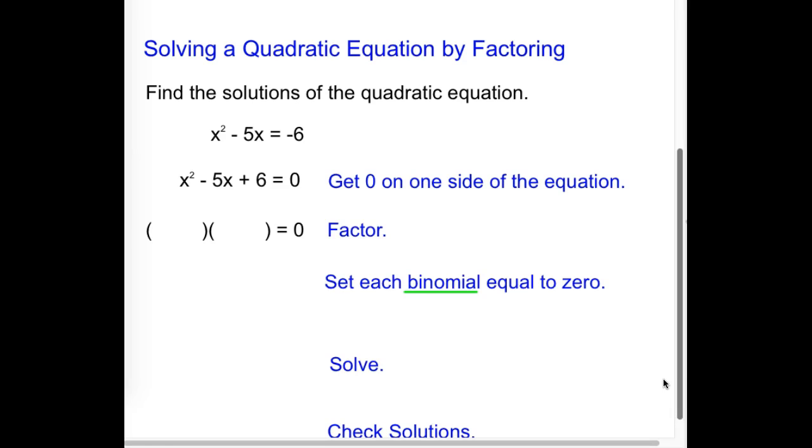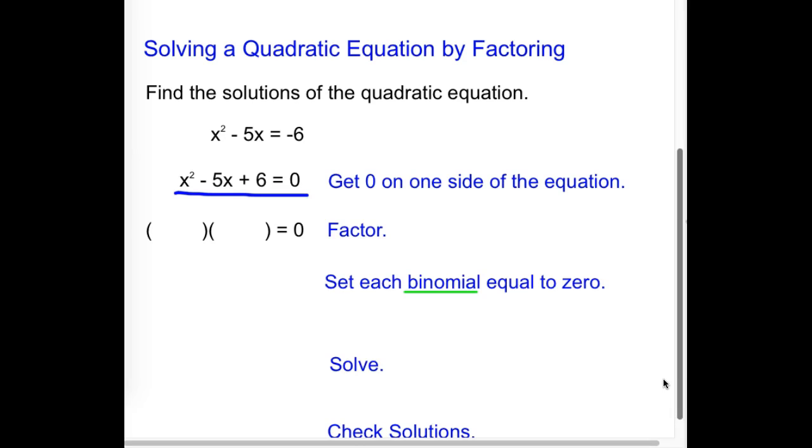Your very first step should be to get one side equal to 0. We cannot use the zero product property if we don't have it equal to 0. So our step 1, we moved that 6 to the other side so we could get it equal to 0. Step 2 is to factor it.